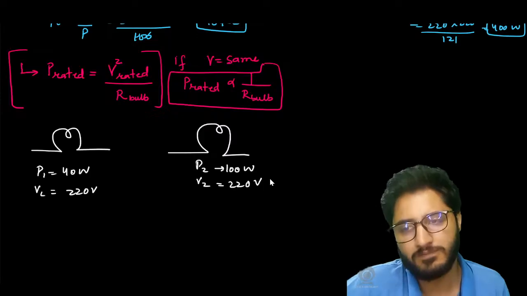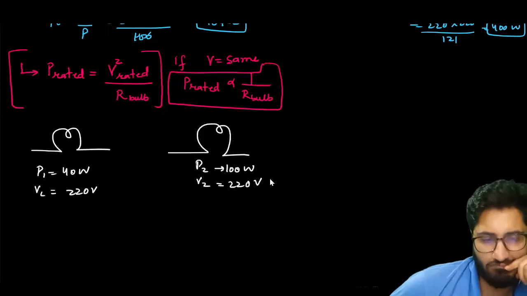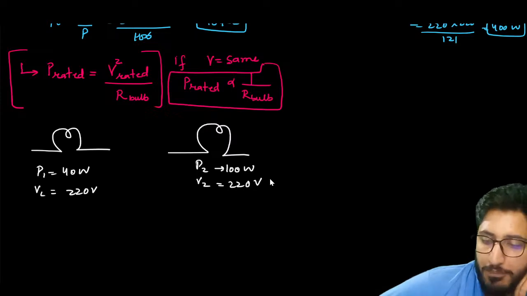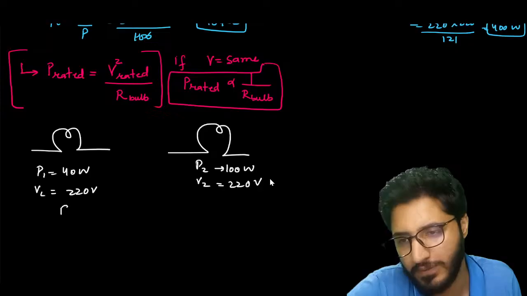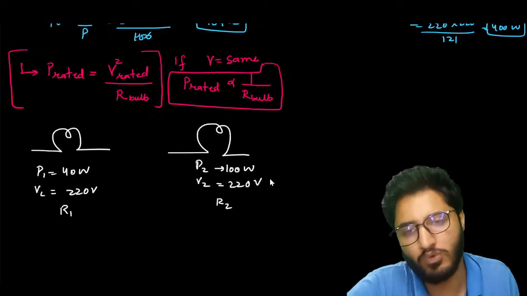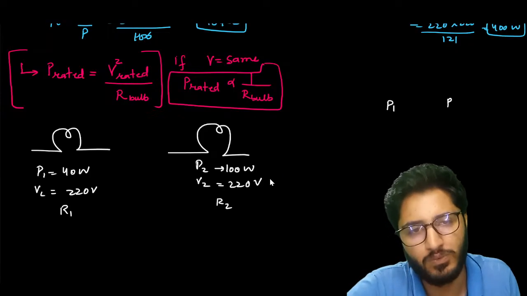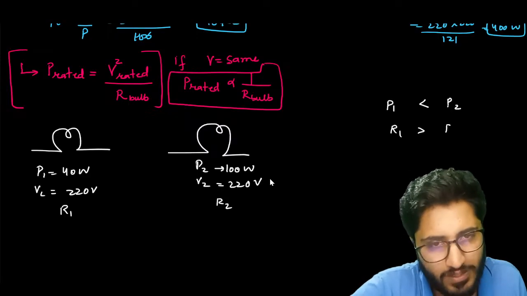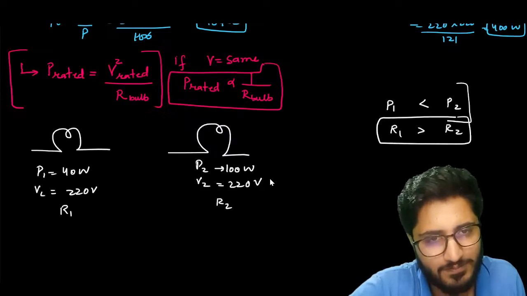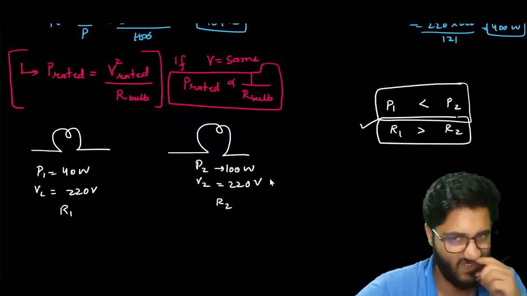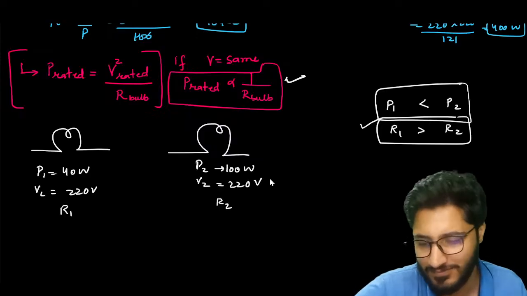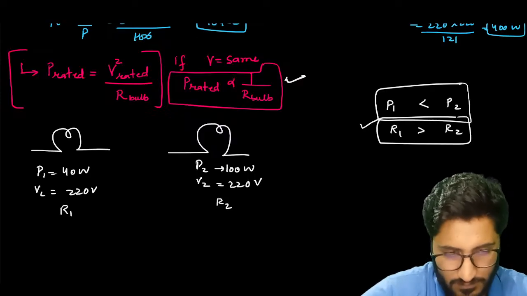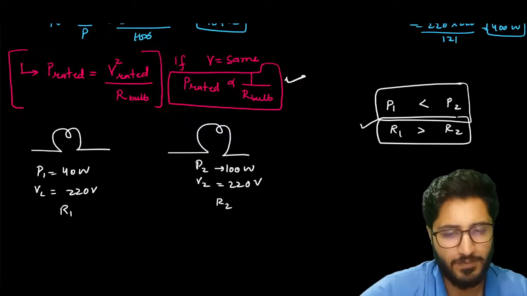You need to write a relation between the resistances R1 and R2, which one is more? You can see P1 is less than P2. That means R1 will be more than R2. No calculation, direct answer. Why? Because of this. Easy? Easy or super easy?